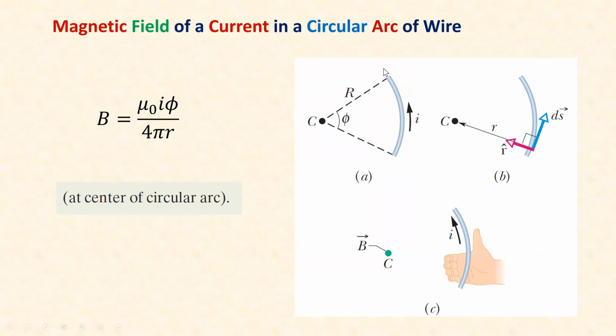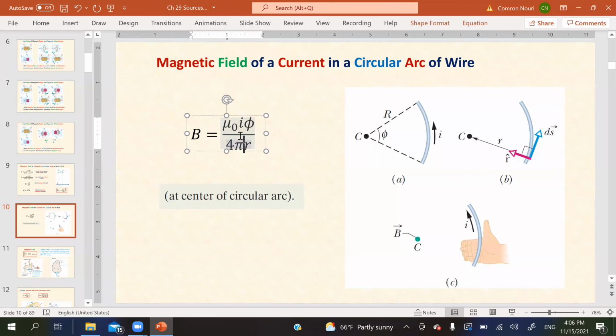And if you have a circular arc of wire with current I passing through it, the magnetic field at the center becomes this, mu naught I over 2R, the same as before, times phi over 2 pi. It should be capital R, so this, in fact, should be written this way. This should be capital R to begin with.